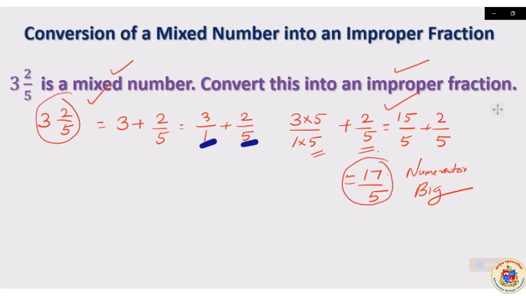I will just write it for you. 3 and 2 upon 5 can be directly converted into 17 upon 5 by a shortcut method. 3 fives are 15 plus 2, that is 17 upon 5, which we normally do. 3 into 5, 15 plus 2, 17 upon 5. The 5 will remain as the denominator, so the answer is simply 17 upon 5.